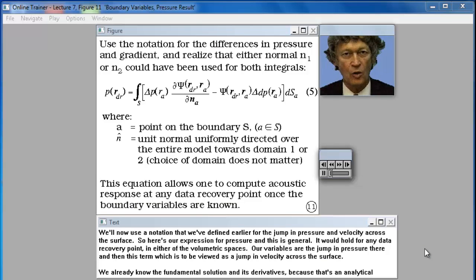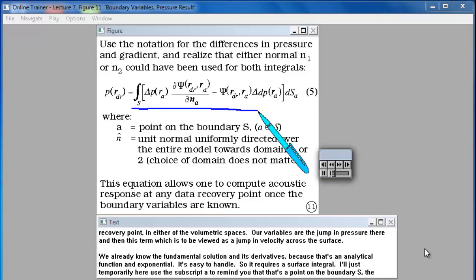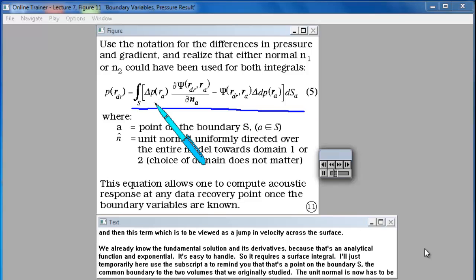We'll now use the notation that we've defined earlier for the jump in pressure and velocity across the surface. So here's our expression for pressure, and this is general. It would hold for any data recovery point in either of the volumetric spaces. Our variables are the jump in pressure there, and then this term, which is to be viewed as a jump in velocity across the surface.